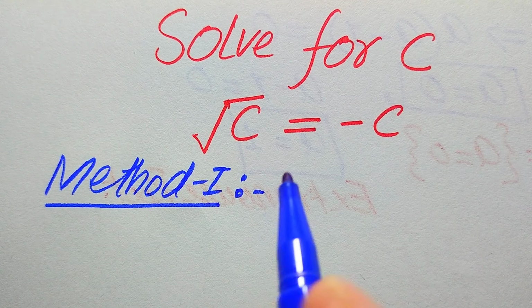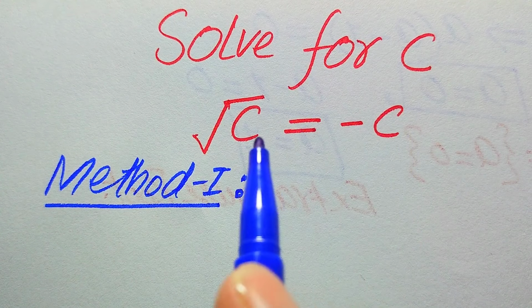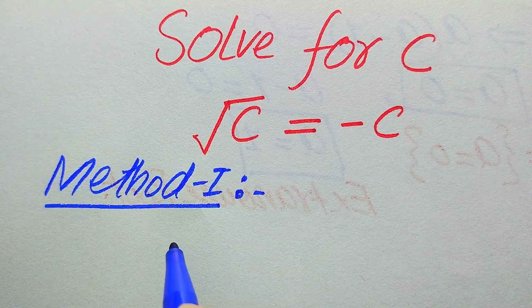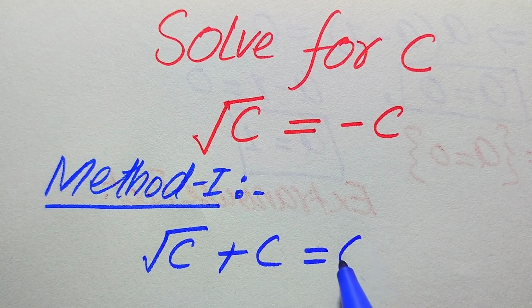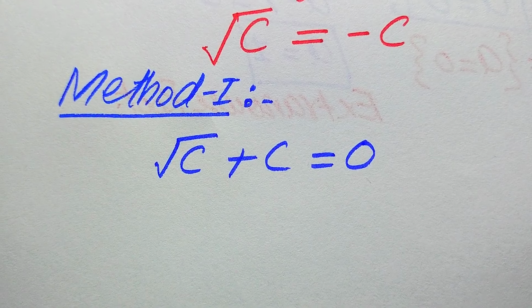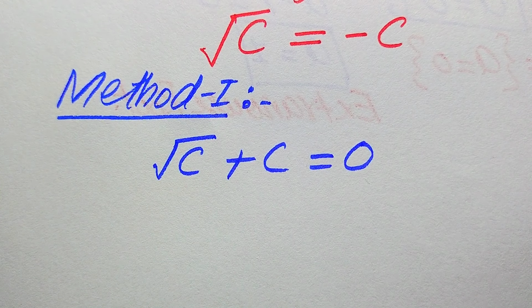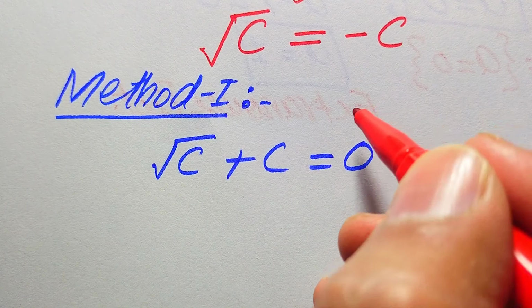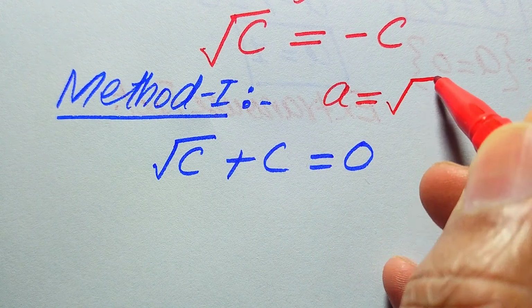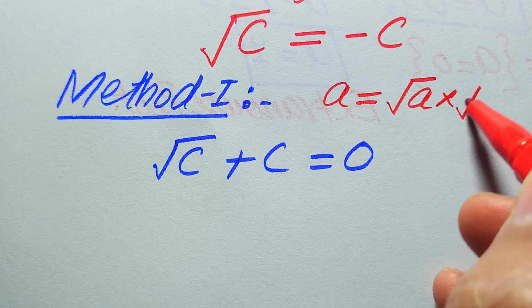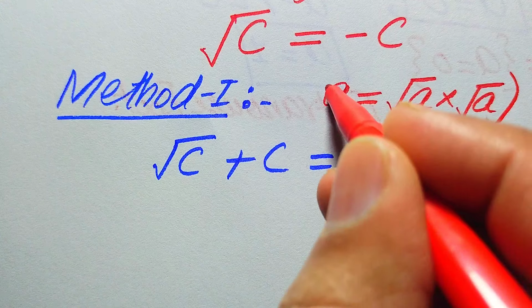Here we first move this minus c to the left hand side, and it will be written as square root of c plus c, and this whole equation is equal to 0. And now we know a nice rule of radicals. If you have a number a, we can write this a in the form of square root of a multiplied by square root of a.